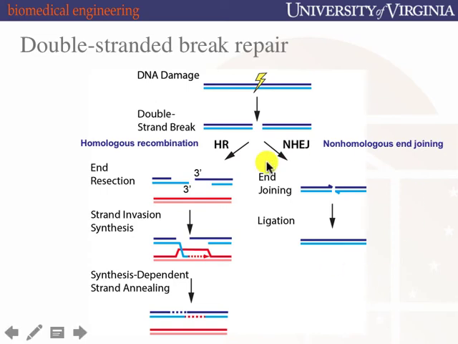The VDJs, that undergoes this process of non-homologous end joining. And so what's going to happen is you get this double-stranded break, and you're going to get basically clipping of the DNA sequence on either end, and also addition of bases, complementary bases, that then allow DNA ligase to seal these.